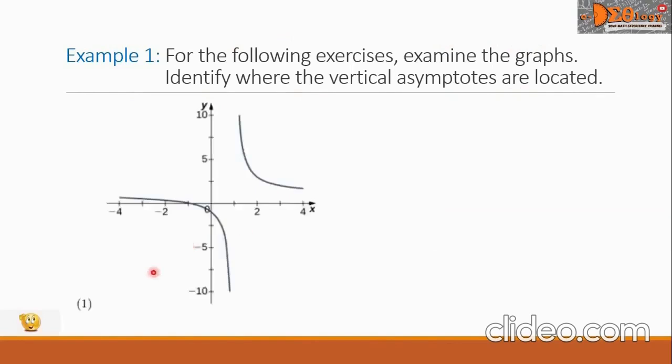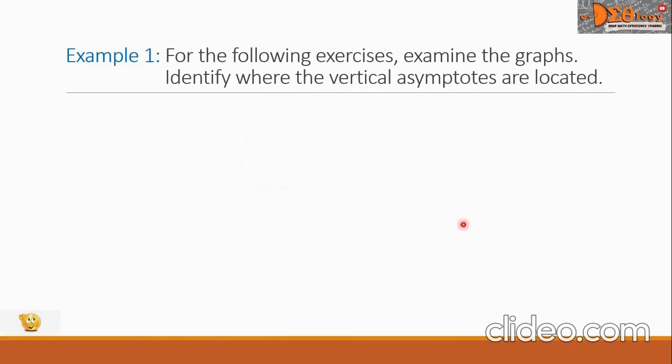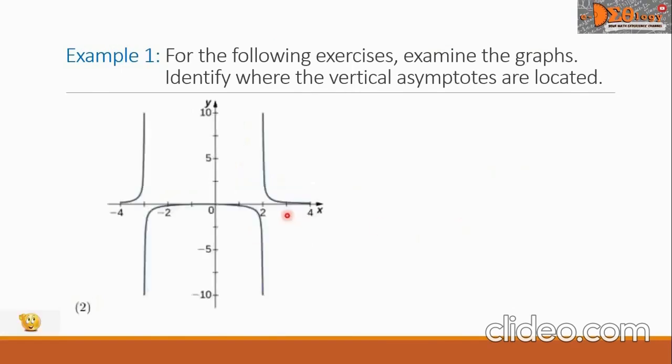This is graph number 1. It seems that the vertical asymptote is located in here. So the equation of the vertical asymptote is x equals 1. Graph number 2. Let us examine the graph. We can see that the vertical asymptotes will come in here and in here.